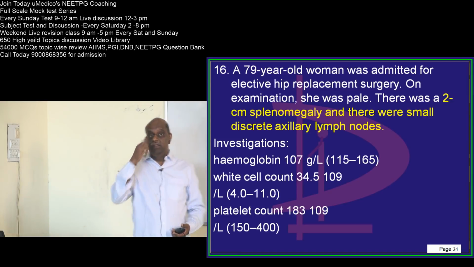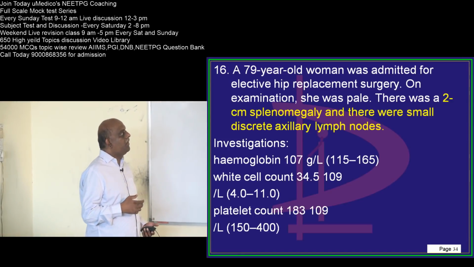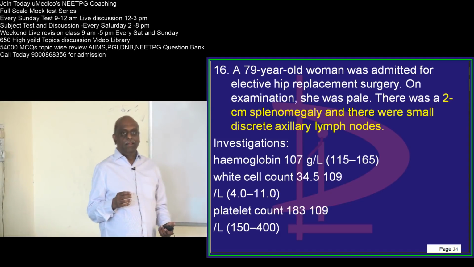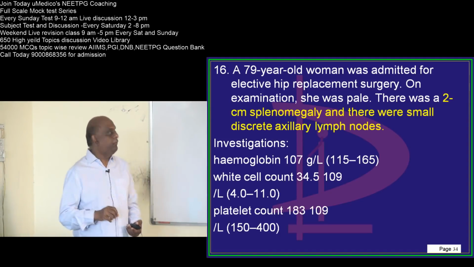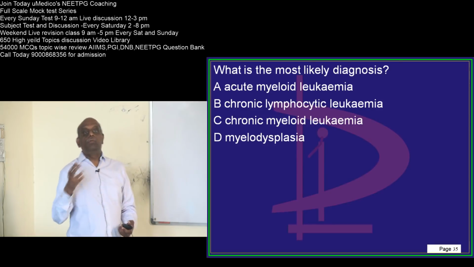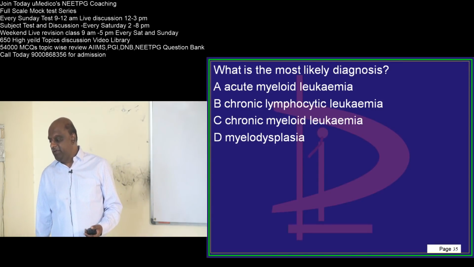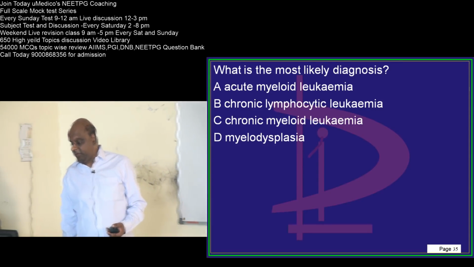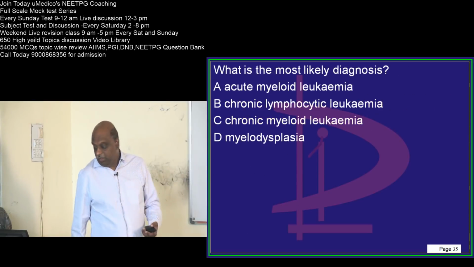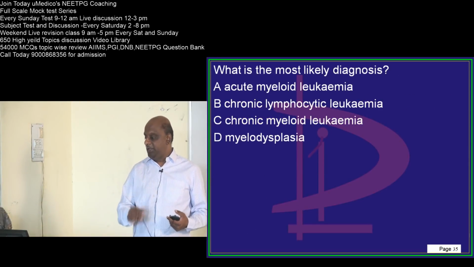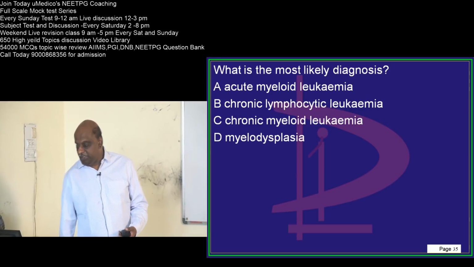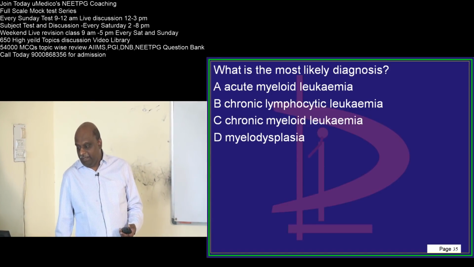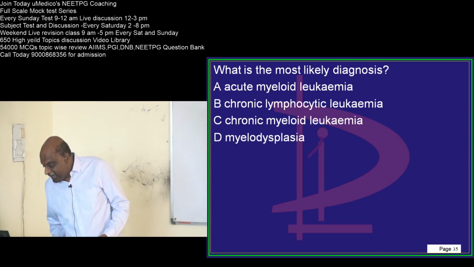So in this given scenario where she has got a 2 centimeters splenomegaly, discrete axillary lymph nodes, what is the most likely diagnosis in this given case is my question to all of you. Yes, please punch your answer. Given the options, yeah. What is the most likely cause?